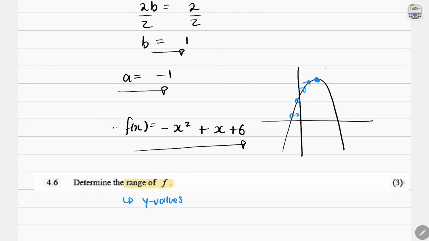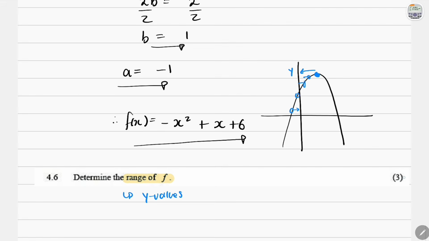You see that you will not have any y values here on this side. Okay, so find out exactly what the y value of the parabola is, and you know that you won't have y values up here. So all the y values that exist for this graph would be whatever that y value is and everything less than that y value.